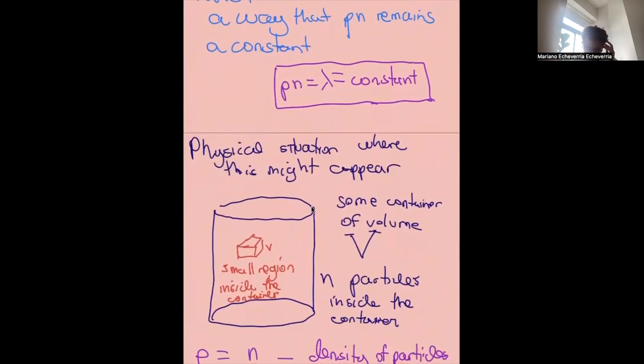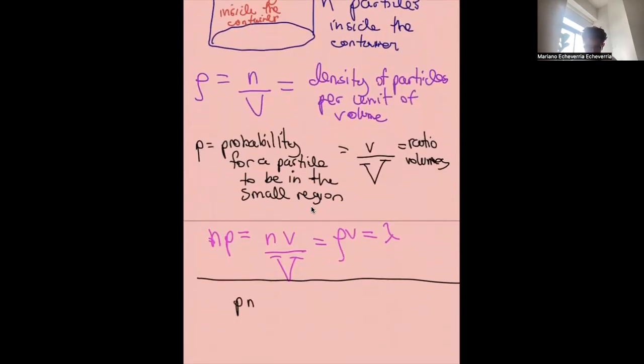But just to go back to what I was saying, I'm going to take P times N to be lambda, a constant.